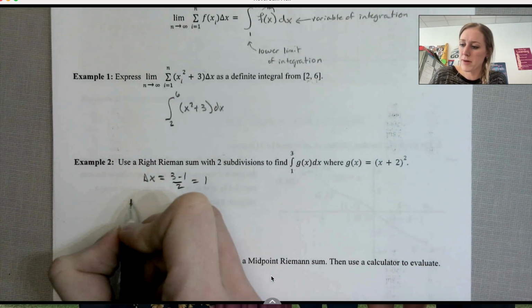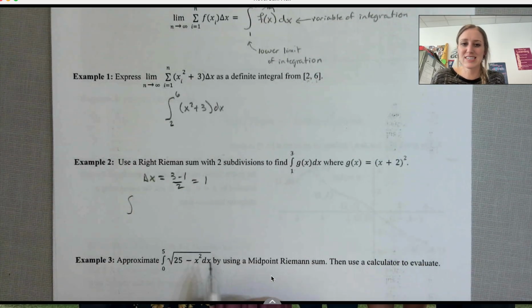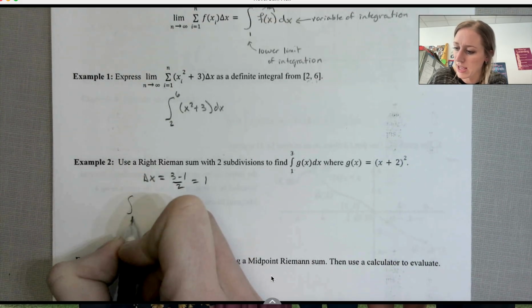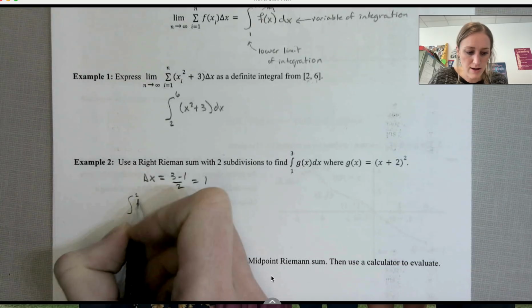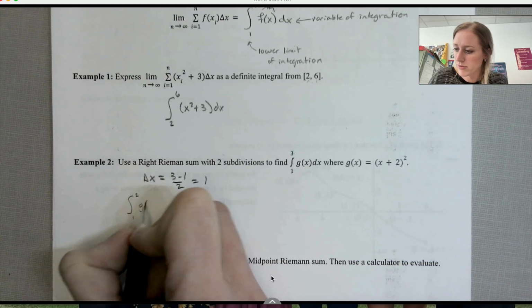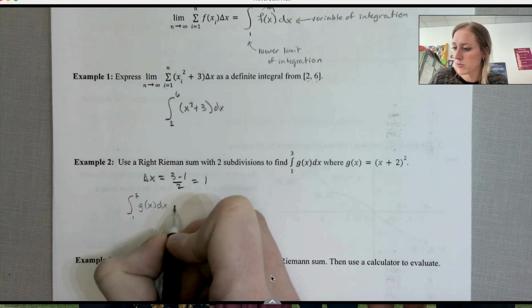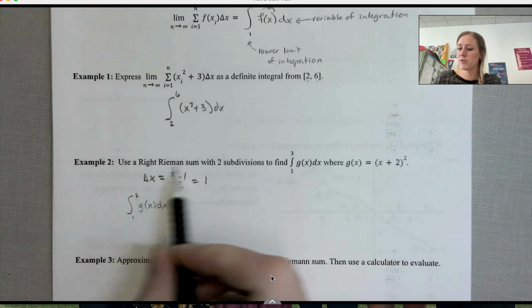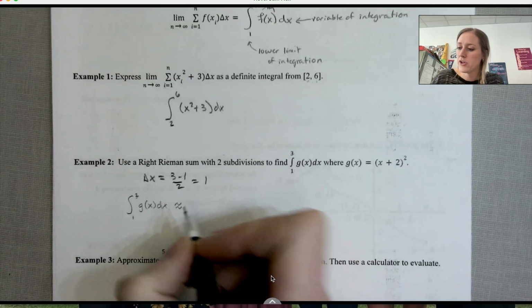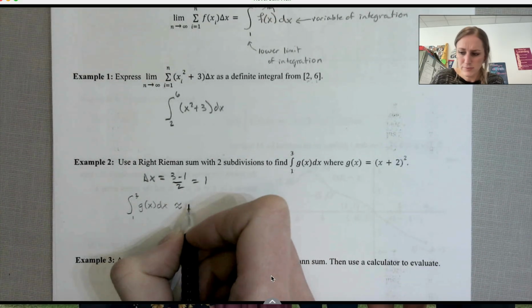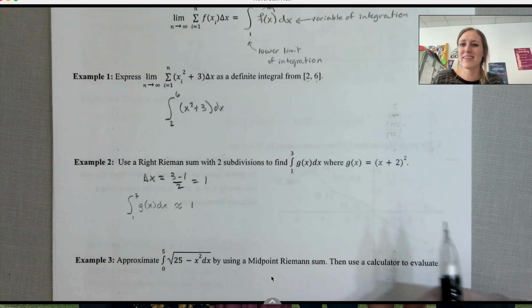Okay, so my integral, this is not the exact area yet. We're still using a Riemann sum to approximate. So we can say the integral from 1 to 3 of g of x dx is approximately, right, because we are using a Riemann sum to approximate this area. So for Riemann sums, we take the delta x, which is 1, and we multiply by the heights.